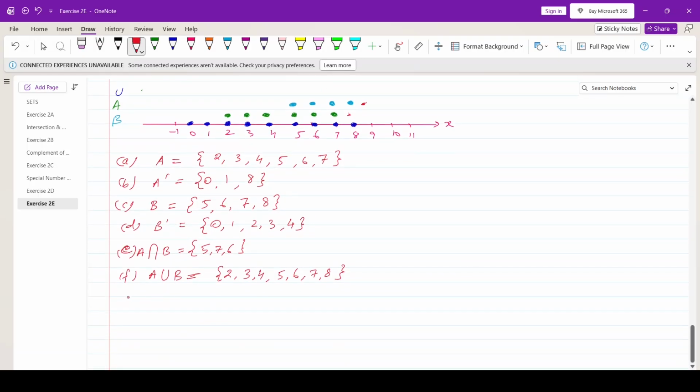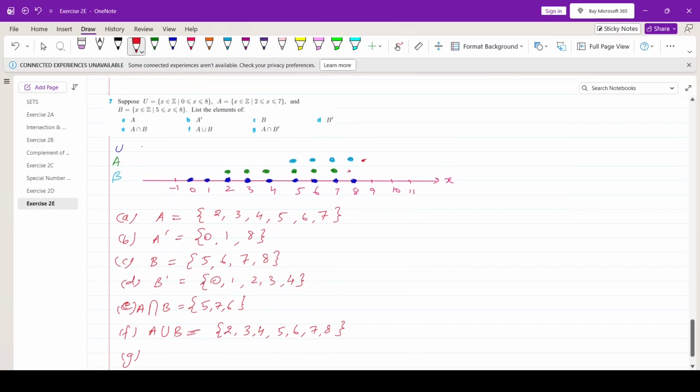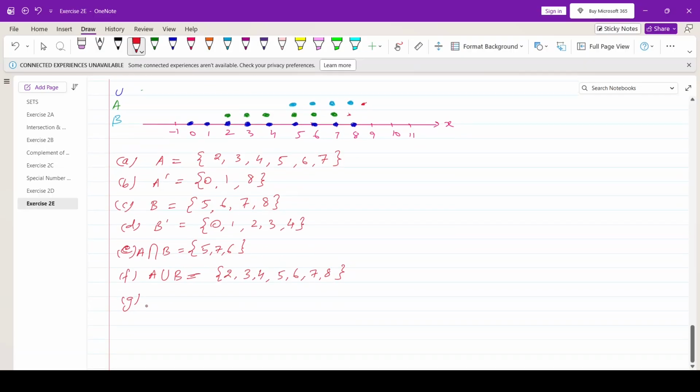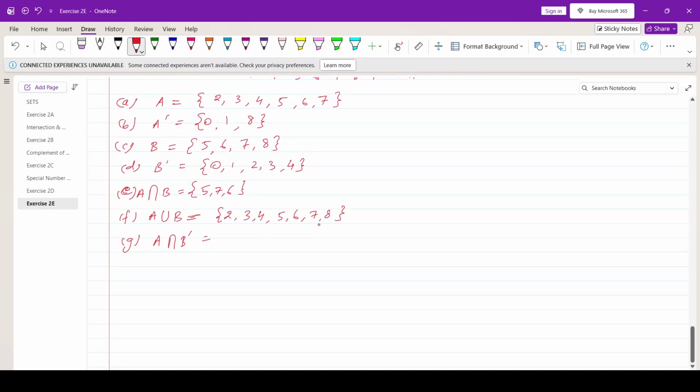Part G says A intersection B prime. So what is B prime?